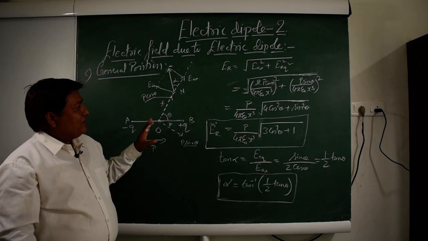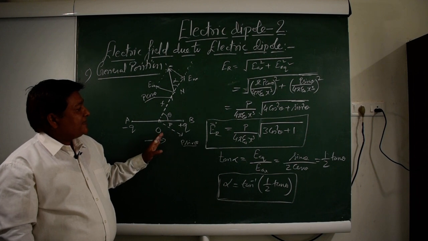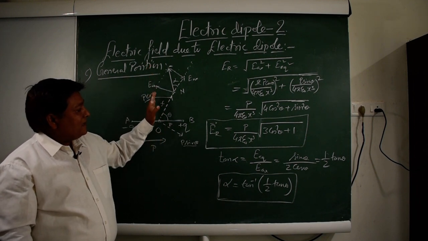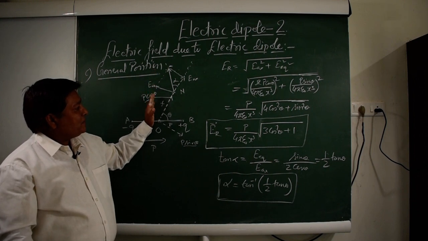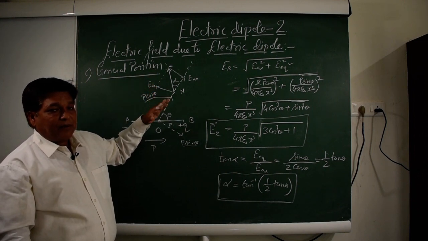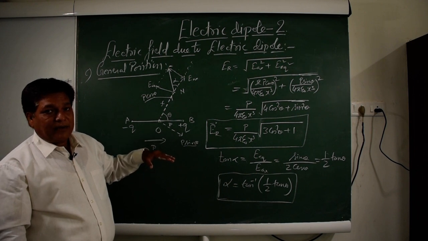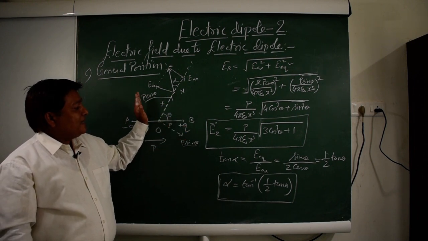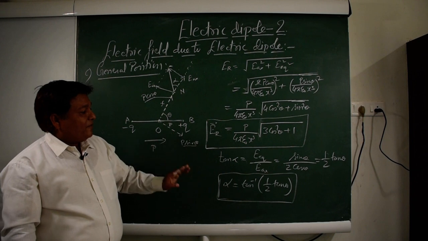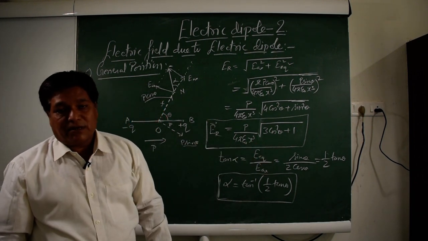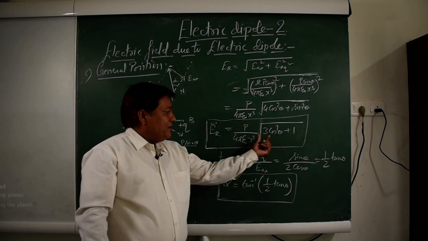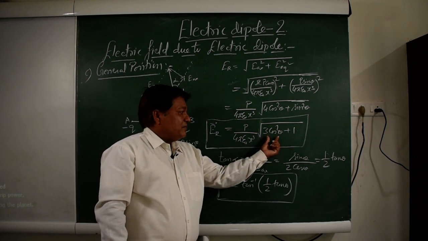If we find the equatorial position, it means the angle theta is 90 degrees, because the point we take on the equatorial position is perpendicular to the dipole moment. If we place theta equal to 90 degrees here, cos theta is equal to 0, so this term becomes 0.